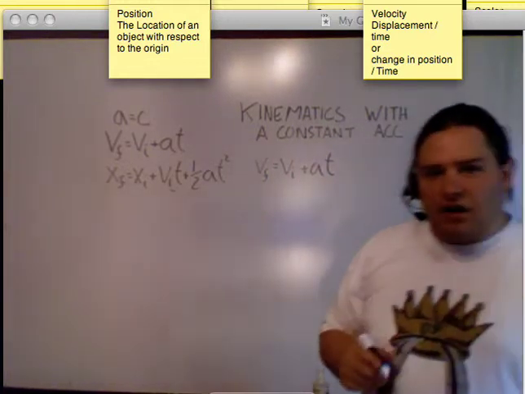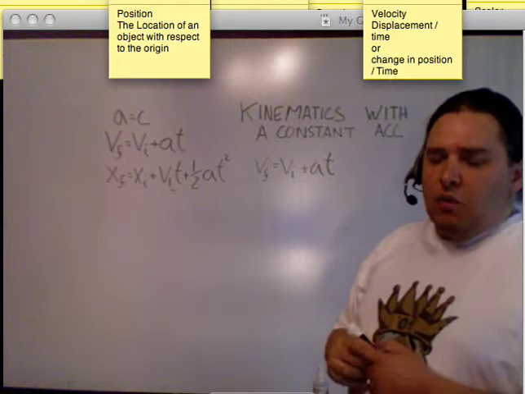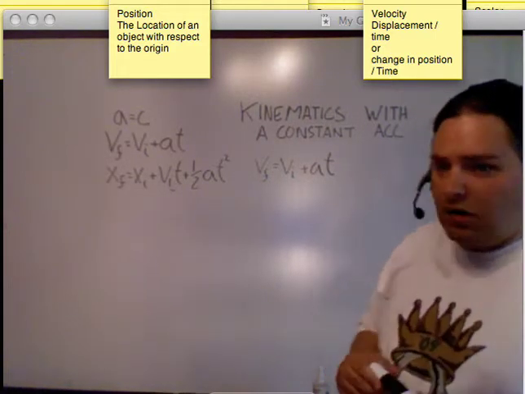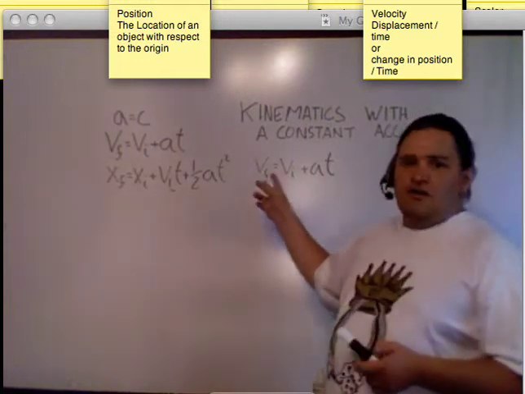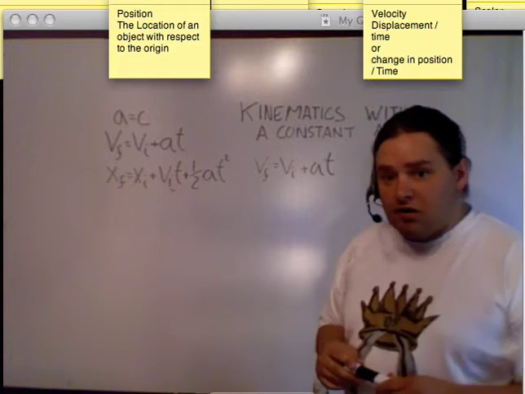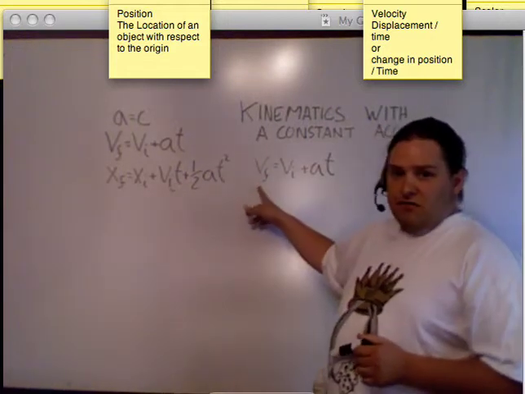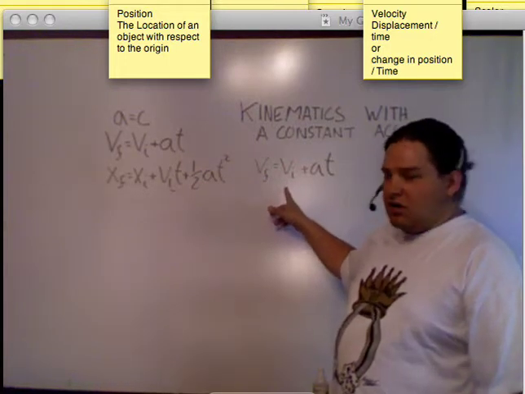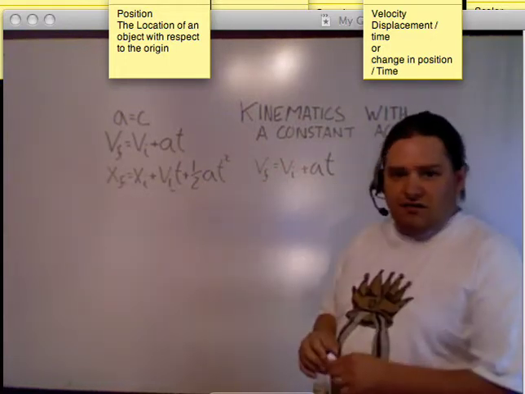To solve that equation, step 1, what we do is we isolate the term that carries the variable that we're trying to solve for. Anything that's separated by equal signs and plus signs and minus signs is referred to as a term. This V final is its own term. This V initial is its own term. This AT is its own term.